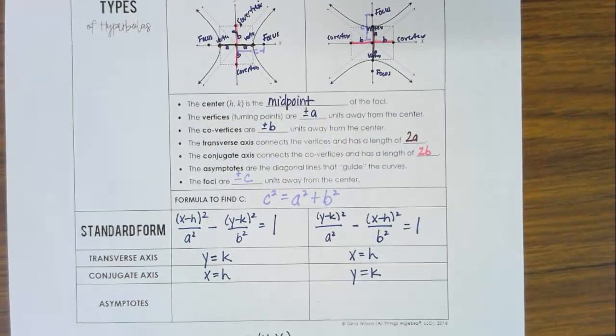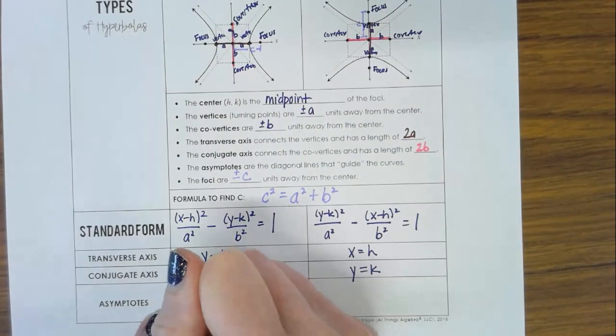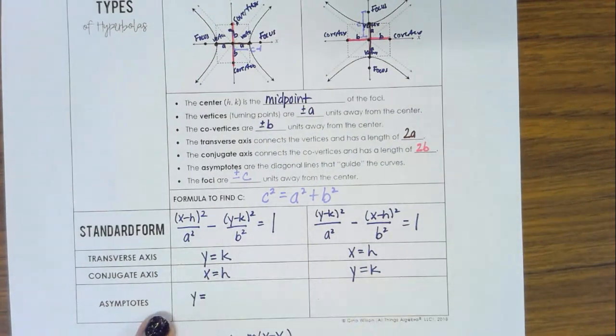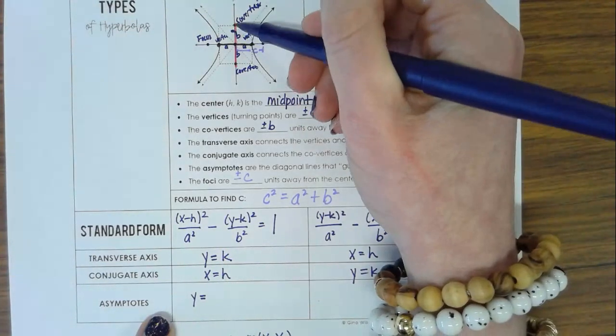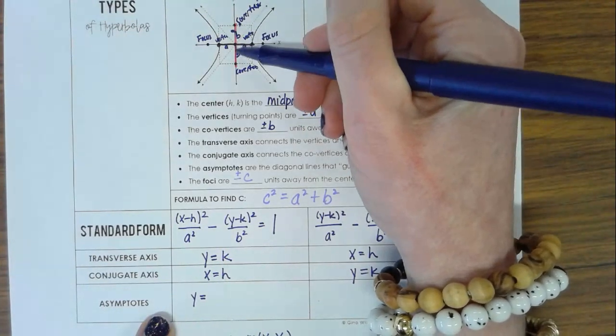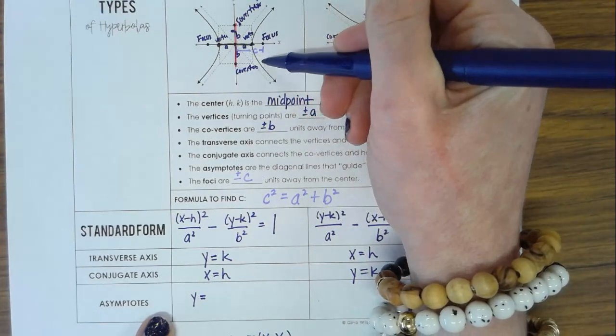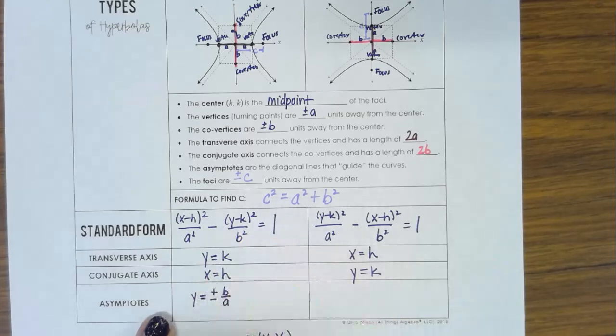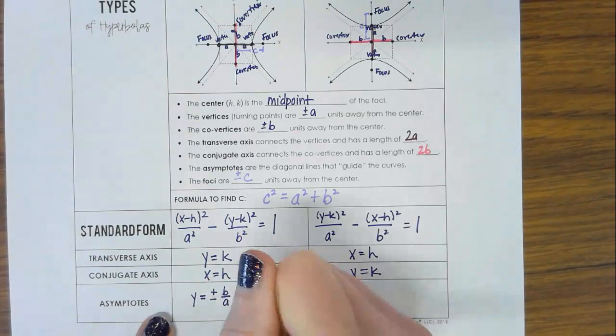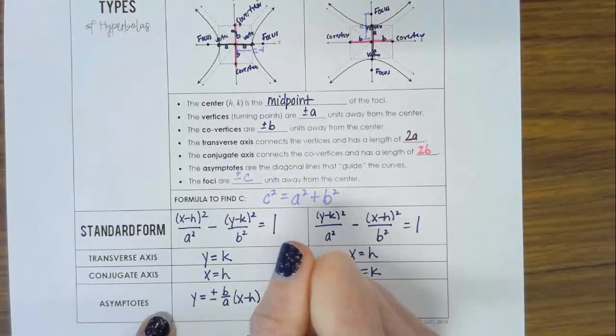So when we write our equations for our asymptotes in our hyperbola, the slope for this type would be positive b over a or negative b over a. So we're going to write positive or negative b over a to write both equations at the same time. And then that x minus h plus k.